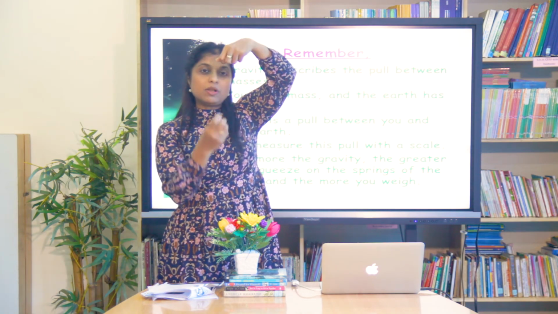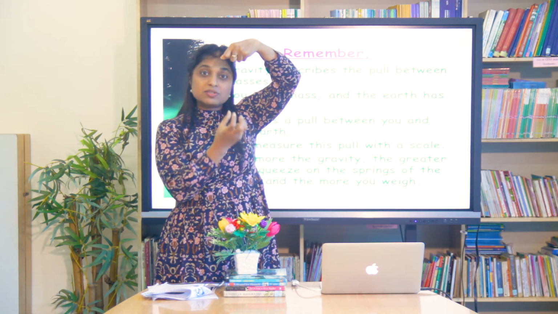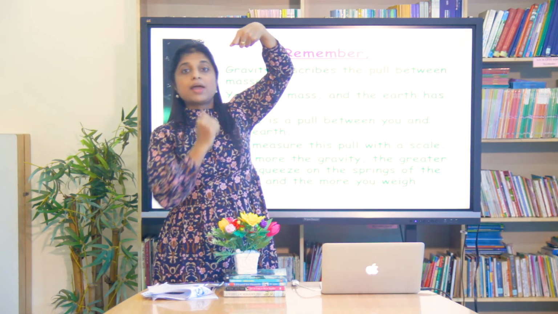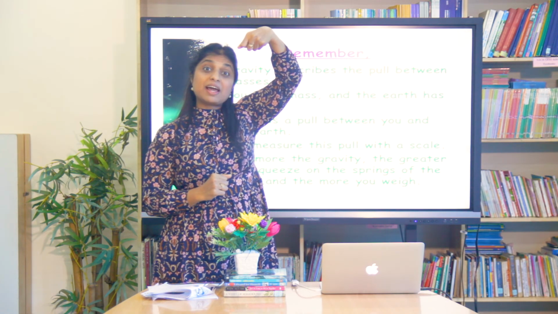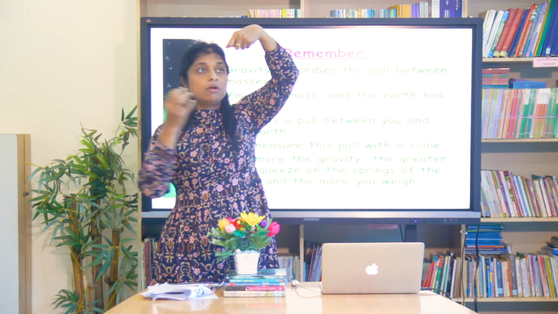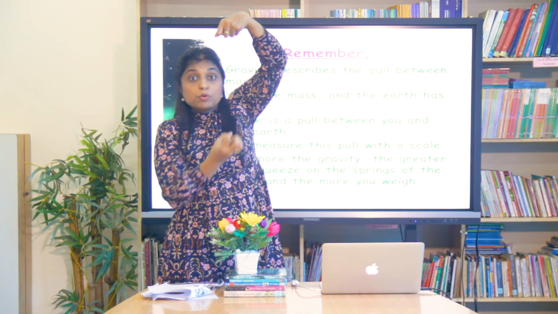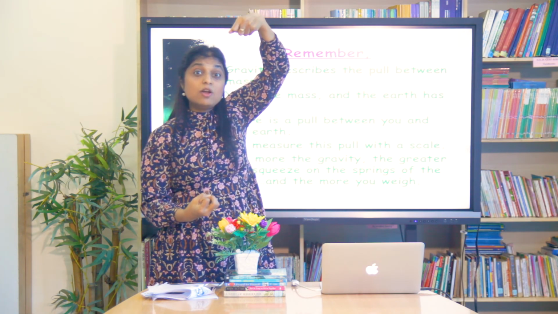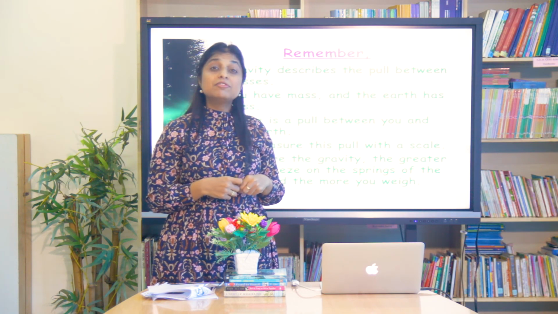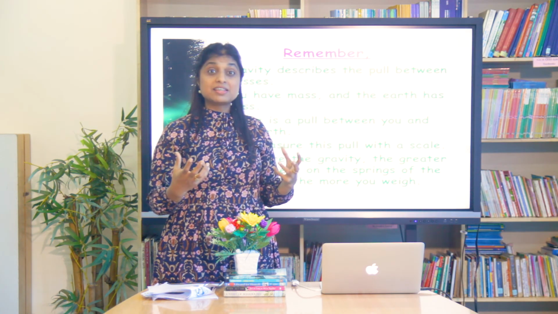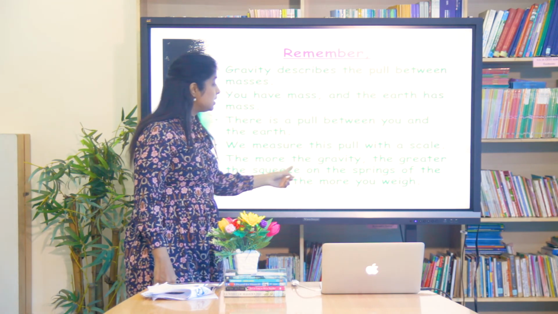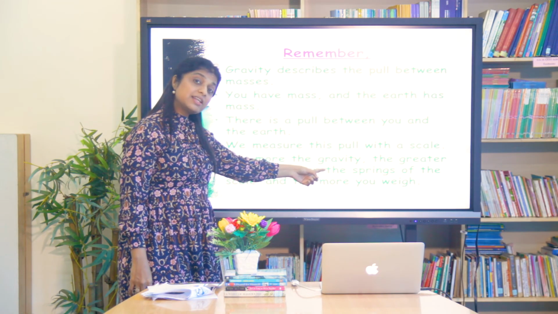Suppose you take an apple on the Newton scale and you put the apple and you see, okay, an apple weighs 50 gram. And if I take a heavy book and weigh it, the spring pulls more, isn't it? Why is the spring pulled more? Because of heaviness, because of the gravity. So squeeze on the spring. Do you understand that term?